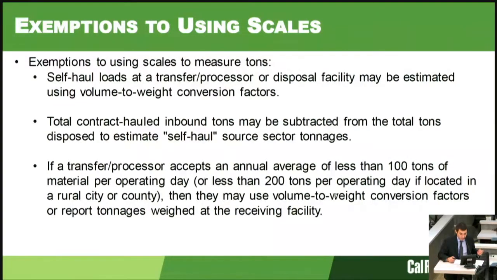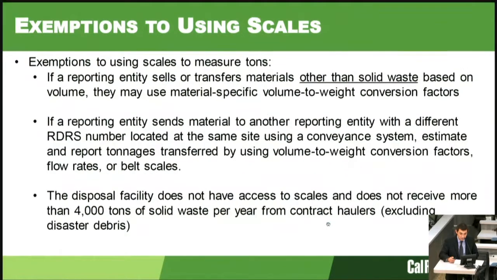If you want to know if you're rural or not, you can use volume to weight conversion factors in lieu of measuring using scales to measure tons. You can also report the tonnages that were weighed at the receiving facility, if you can get those as well.